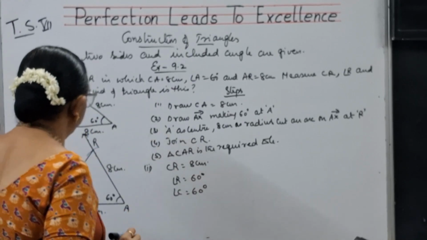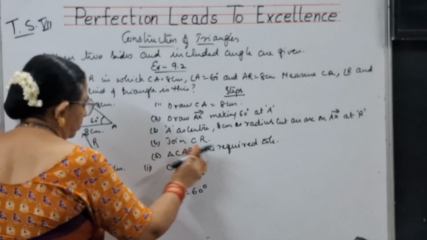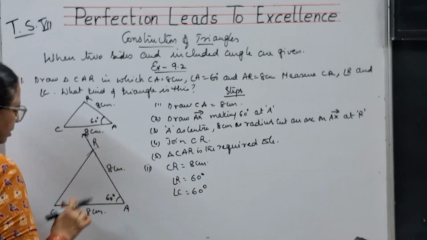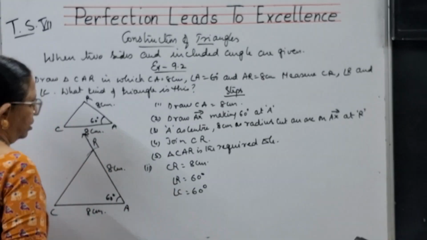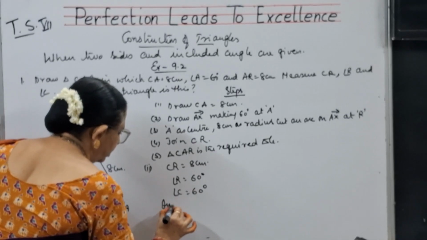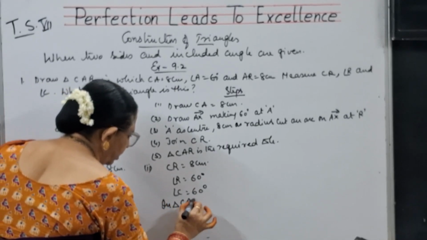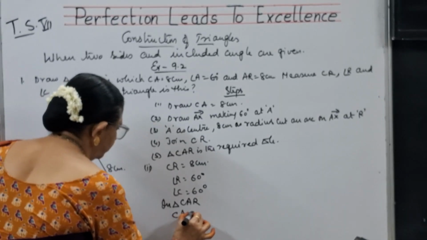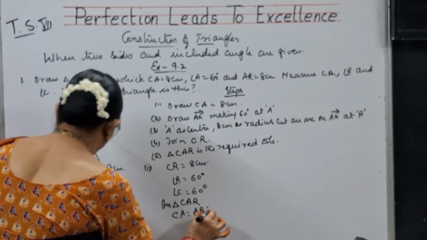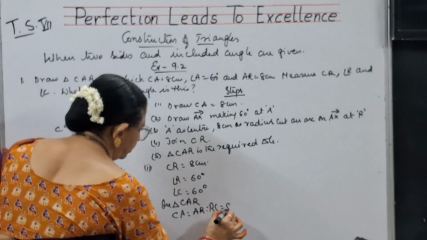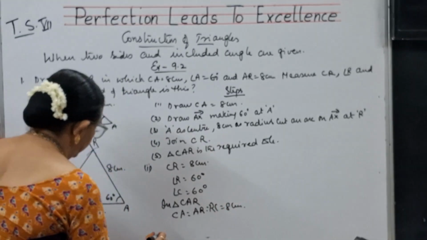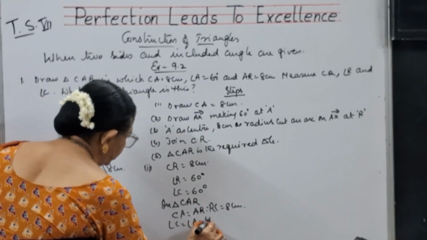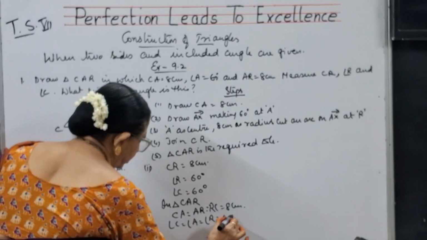Now, when you have got CR also 8 centimeters, angle R 60 degrees, angle C 60 degrees, what can we say? In triangle CAR, CA is equal to AR is equal to RC, 8 centimeters, and angle C is equal to angle A is equal to angle R, 60 degrees.